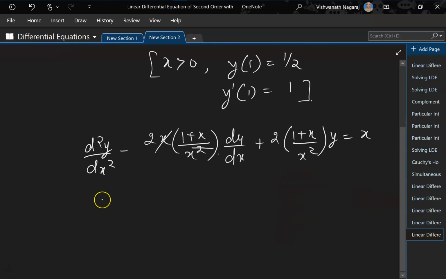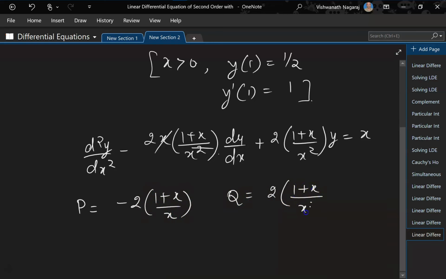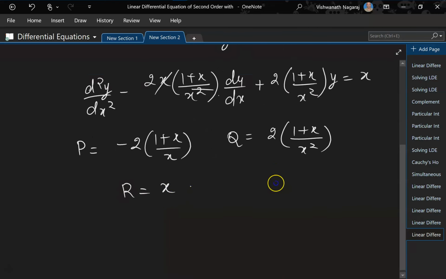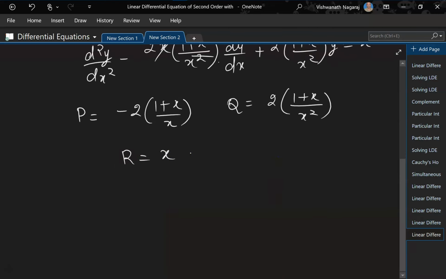So here p is equal to minus 2 times (1 plus x) by x, q is 2 times (1 plus x) by x square, and r is equal to x. Now remember, our objective now is to get rid of dy by dx.